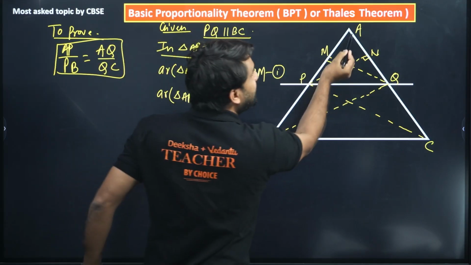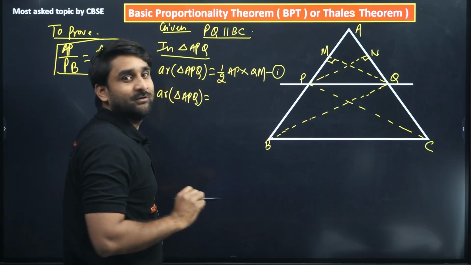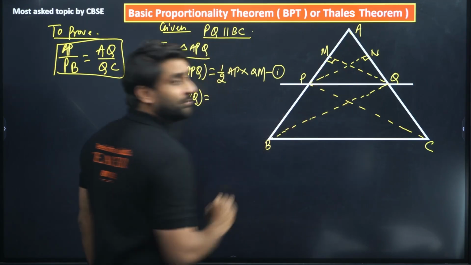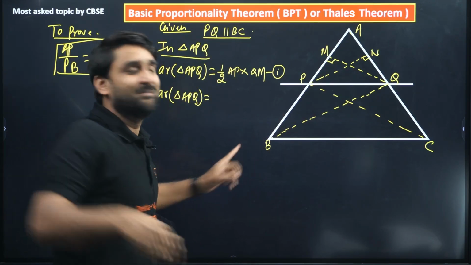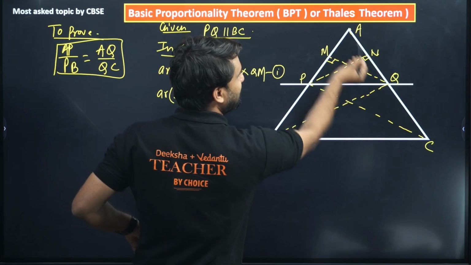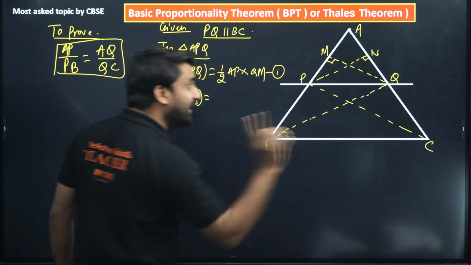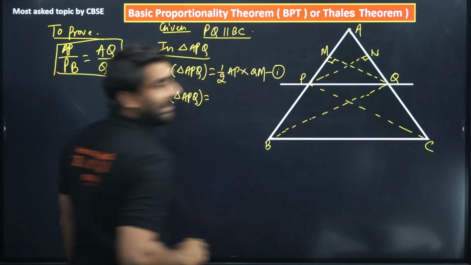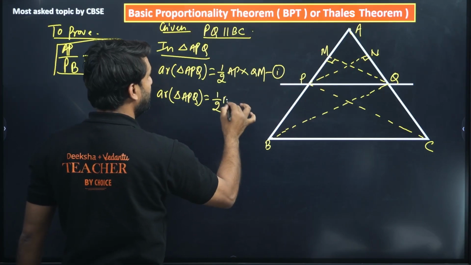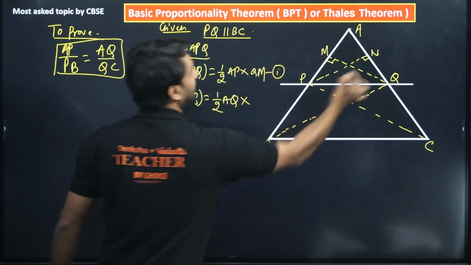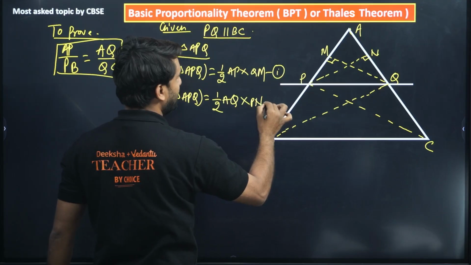But when I consider AQ as base, which will be the height? PN will be the height, because I am taking AQ as base. So we can write area equals half into base AQ into height PN. I hope it is clear to you all.